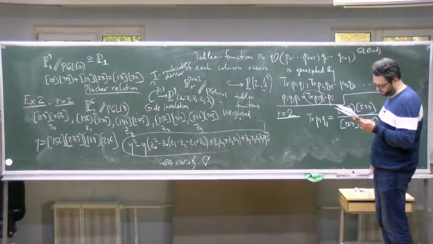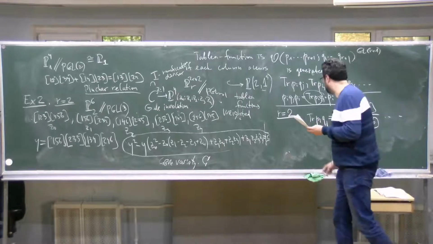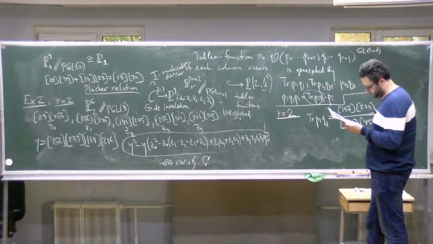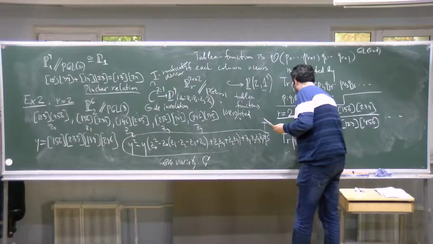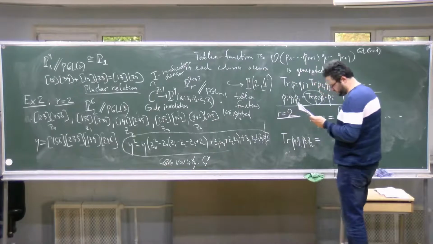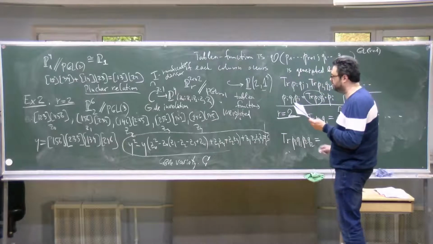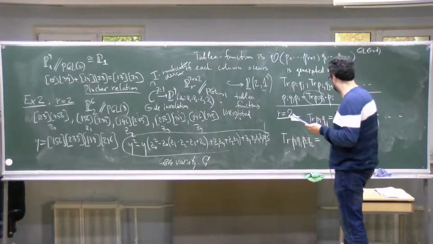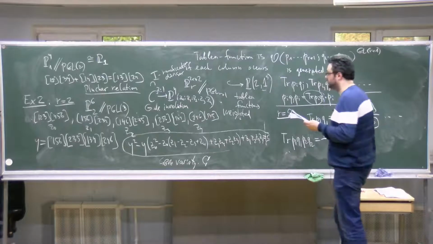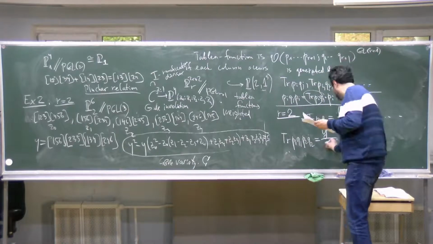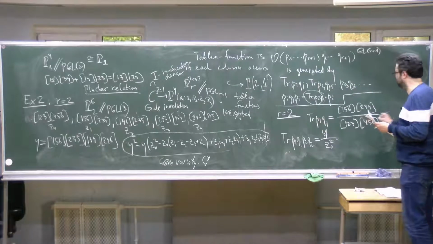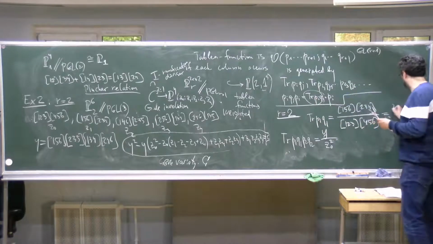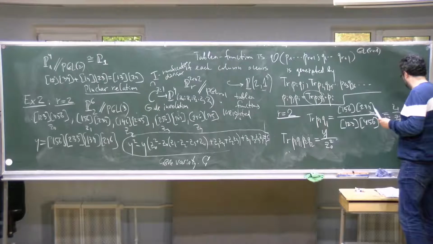And I would also like to write the following trace: y divided by z0 squared, and this is z1 by z0.